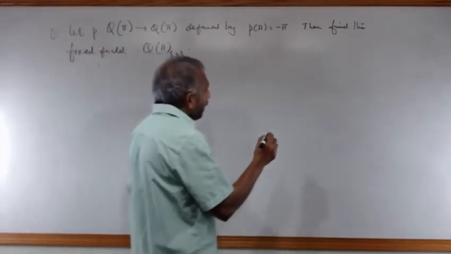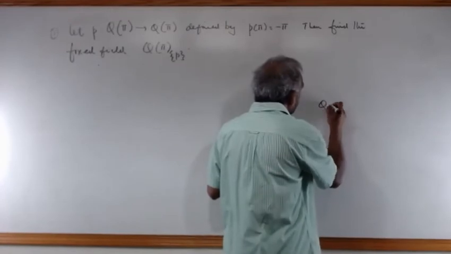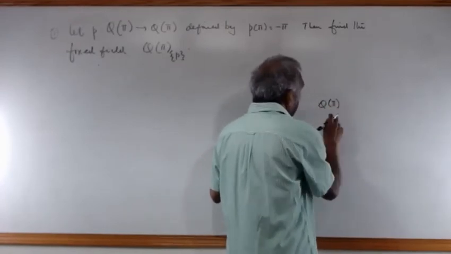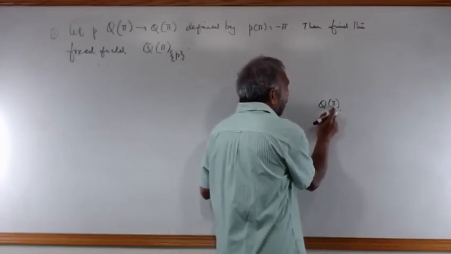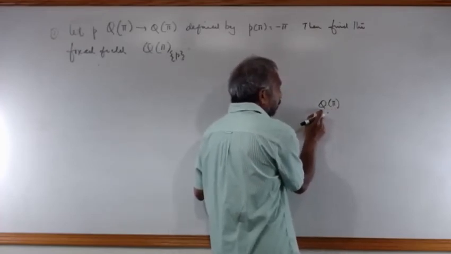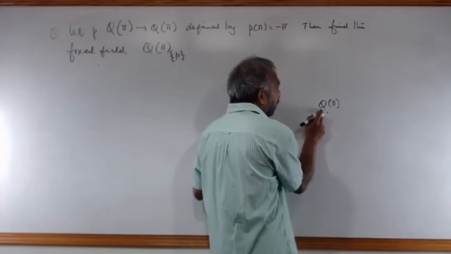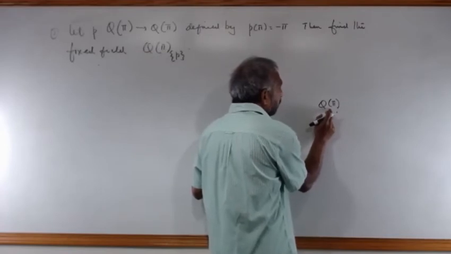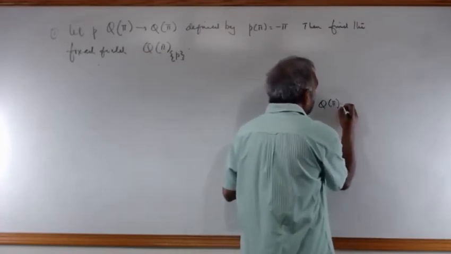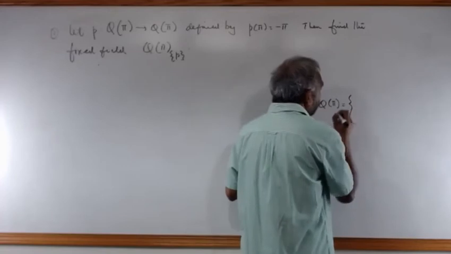Is Q of pi actually transcendental over Q? So the simple extension of pi over Q is a field of quotients.